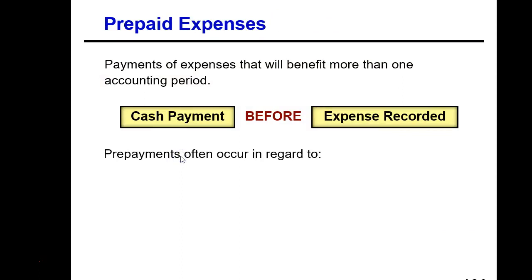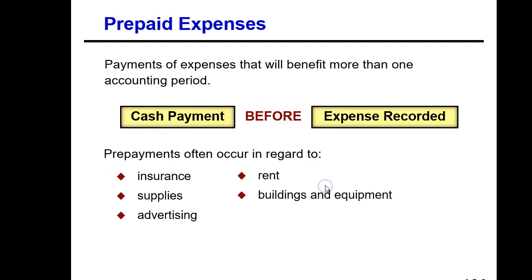So let's begin looking at examples of prepaid expenses. If you paid your rent for 6 months in advance, or if you paid your insurance in advance, that's known as a prepaid expense. It is an expense paid for before it is actually due. In other words, the cash payment is made before the expense has been recorded.